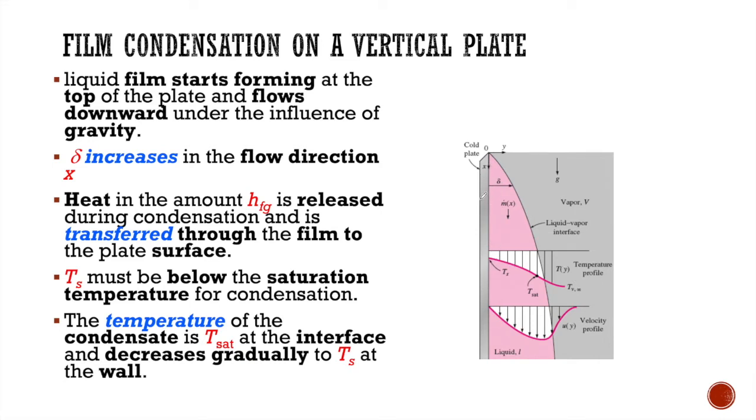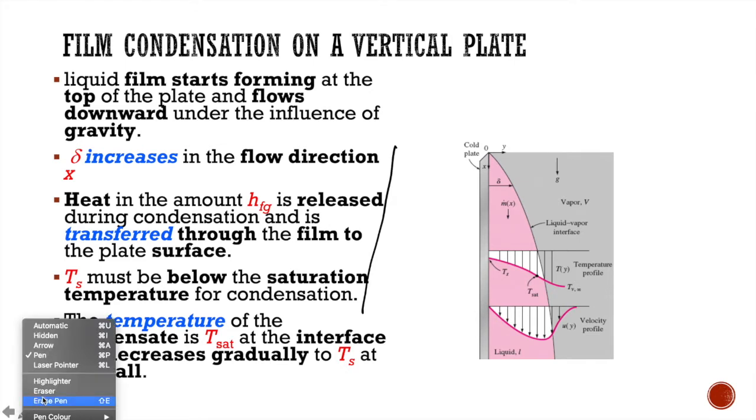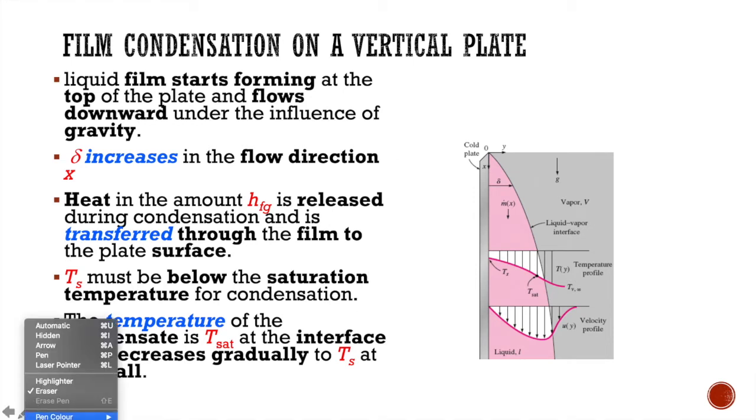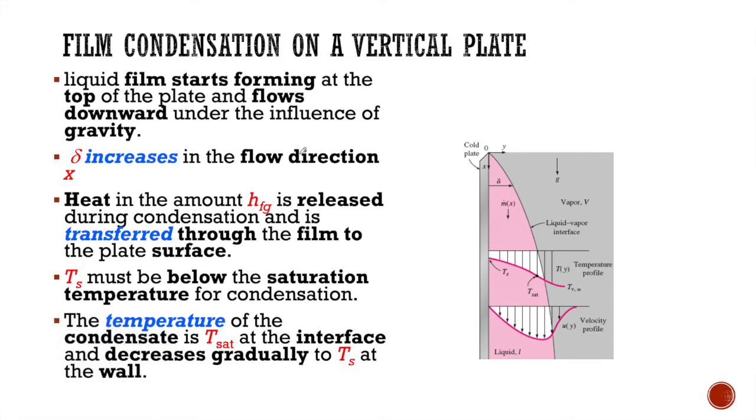Now if we have a cup of water here, so for example, let's say this is the cup wall, and the temperature here, the Ts, needs to be below the saturation temperature for the vapor.